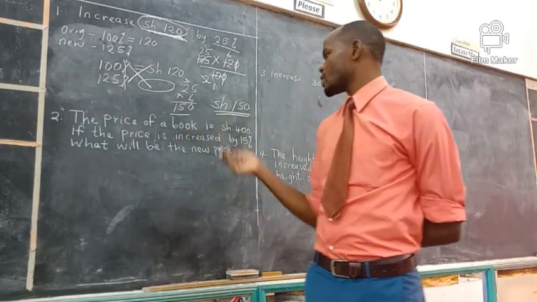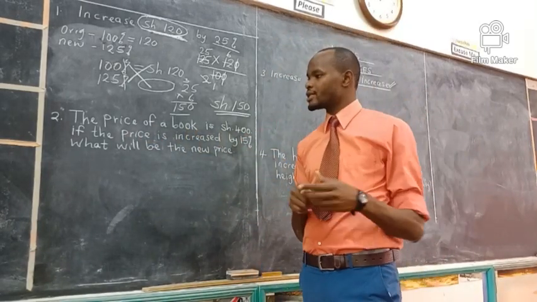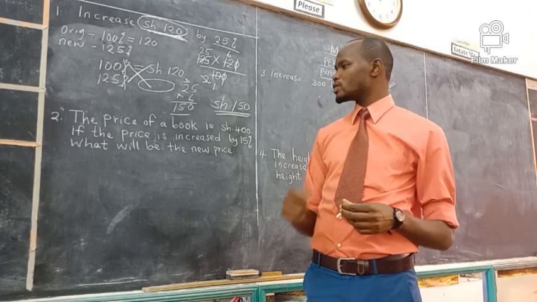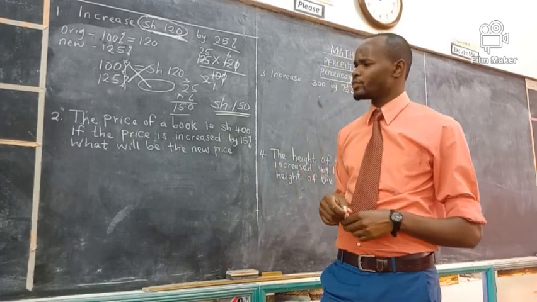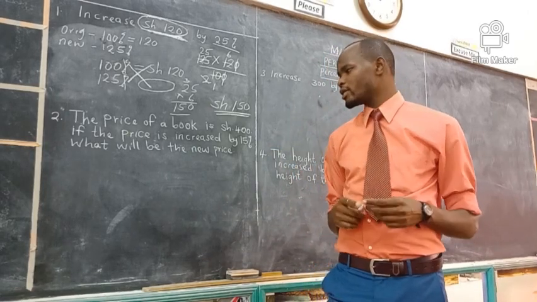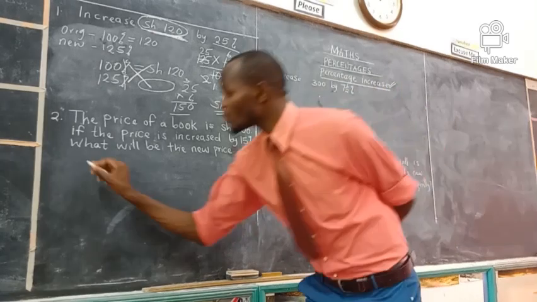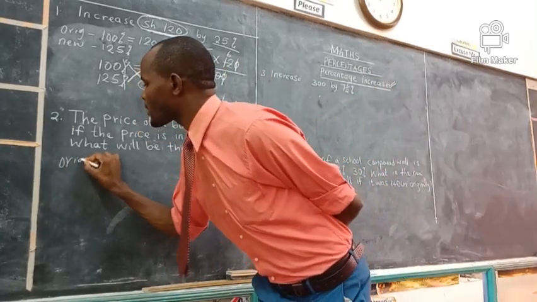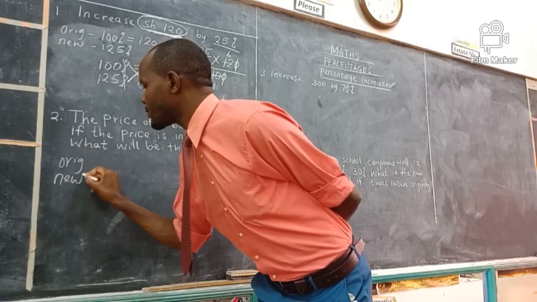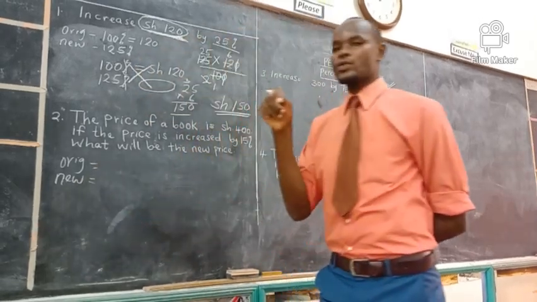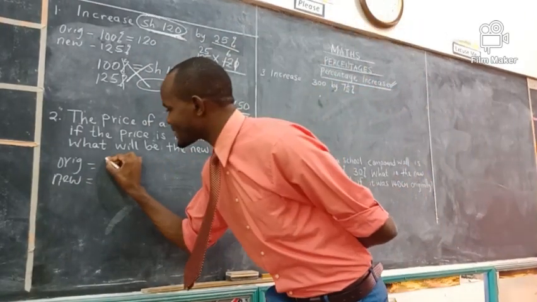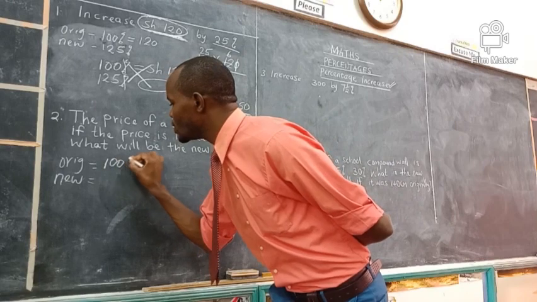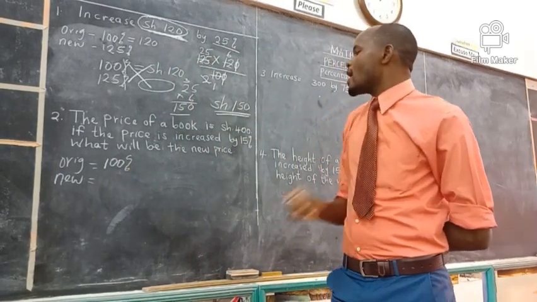The price of a book is 400 shillings. If the price is increased by 15%, what will be the new price? You must know the original. Then what you want to get now, the new. What was the original percentage? The original percentage before increasing is 100%.